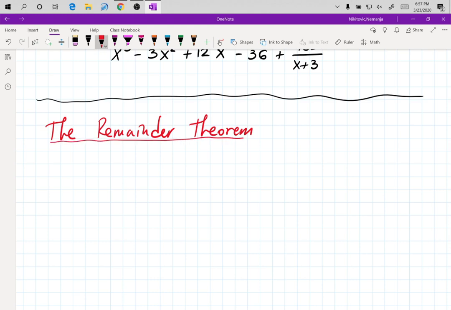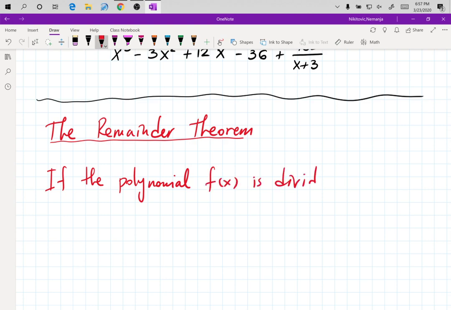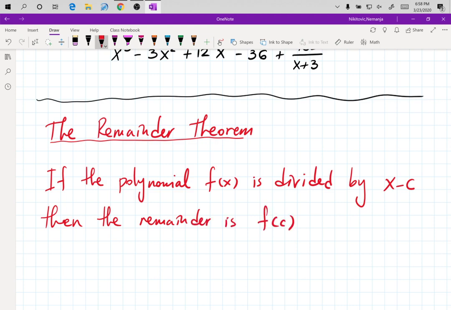It says this: if the polynomial f of x is divided by x minus c, then the remainder is f of c.